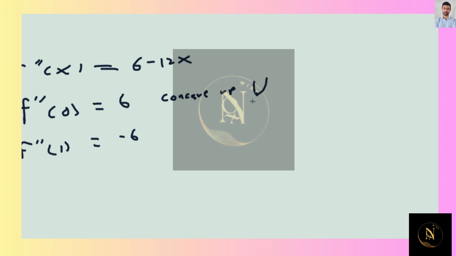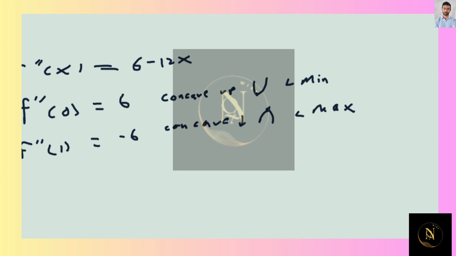So that means there's a local min. And if it is negative, it is concave down, which looks like this. So there's a local max. And that is how you determine the local mins and maxes.